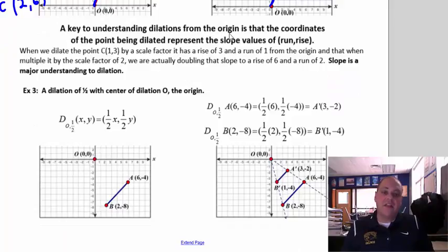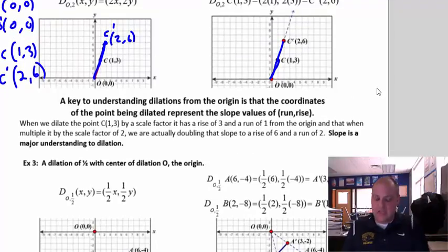A key to understanding dilations from the origin is that the coordinates of the point being dilated represent the slope values of the rise and the run. That's what I want you to take a look at here. See how the slope of this line, the original, went from here to here.